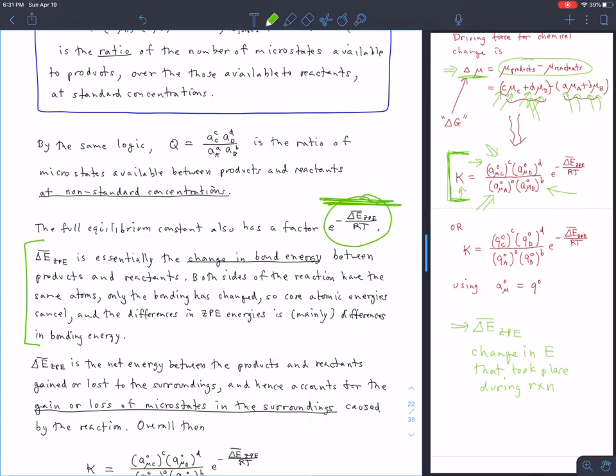So this delta E ZPE, which sounds kind of artificial and abstract, is really doing something very concrete. It's measuring the change in bond energy as the chemical reaction takes place.